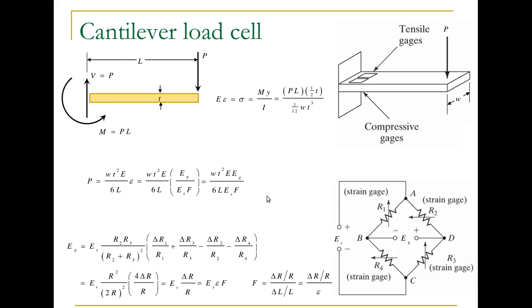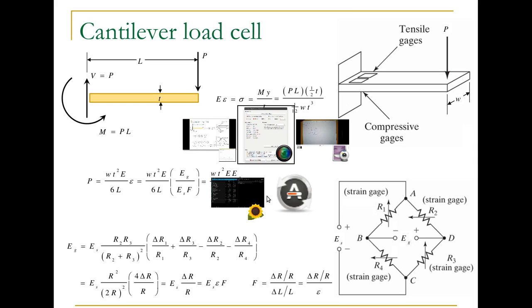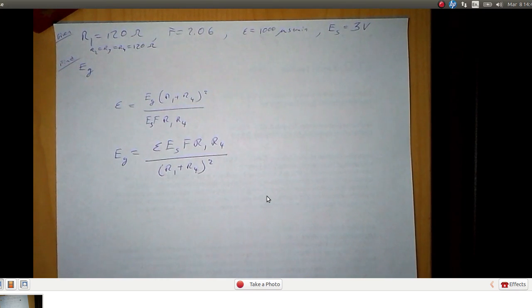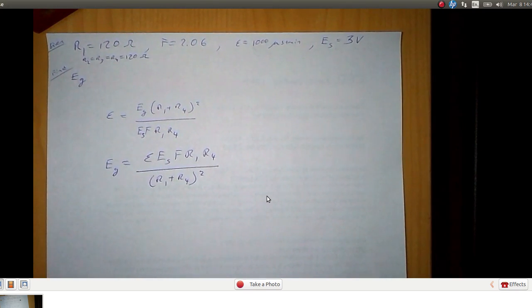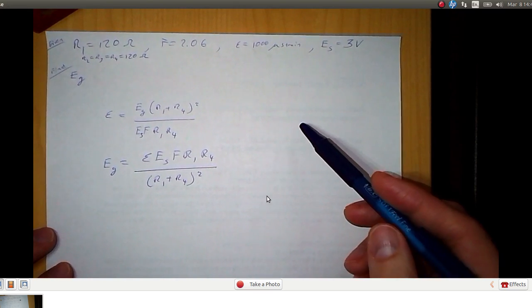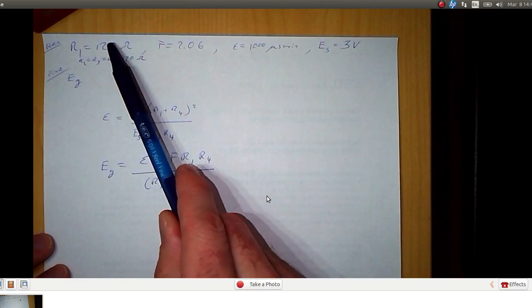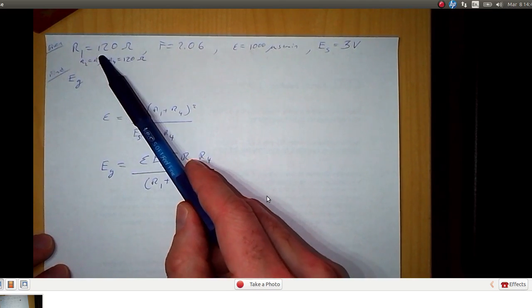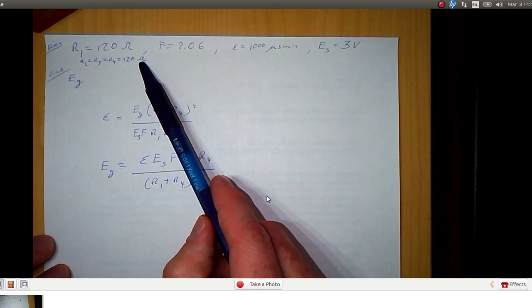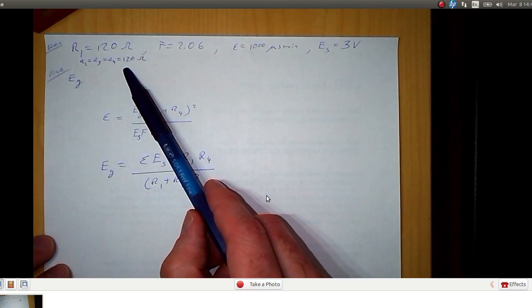Now, an example of using the strain gauge in a Wheatstone bridge. Say we have a strain gauge with temperature compensation where the nominal resistance is 120 ohms, and so we have 120 ohms on all the legs of the Wheatstone bridge.